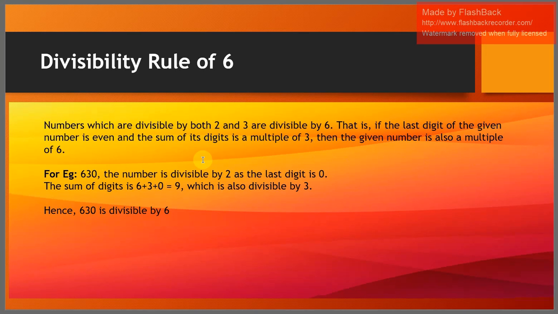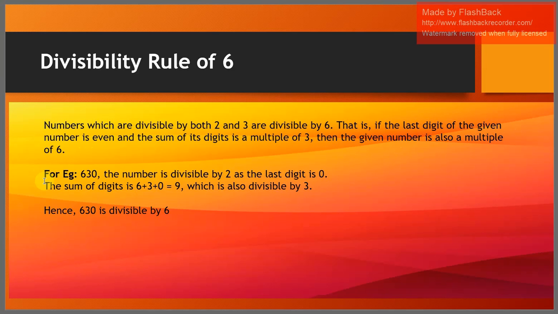Next, divisibility rule of 6. Numbers which are divisible by both 2 and 3 are divisible by 6. That is, if the last digit of a given number is even and the sum of its digits is a multiple of 3, then the given number is also a multiple of 6.